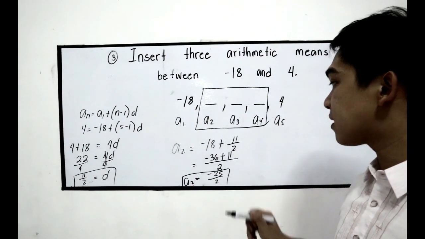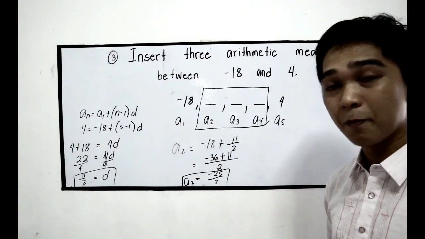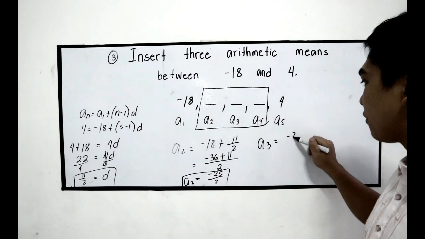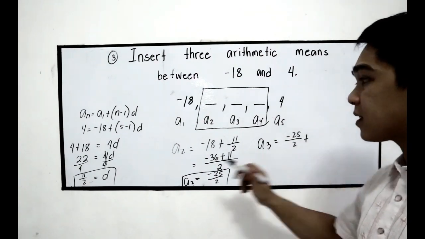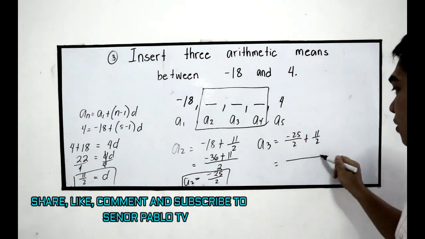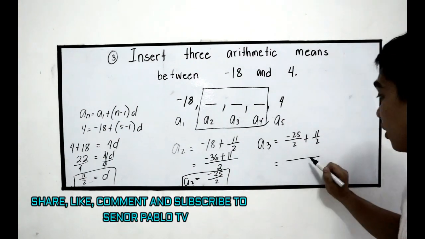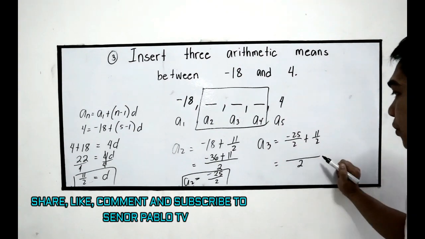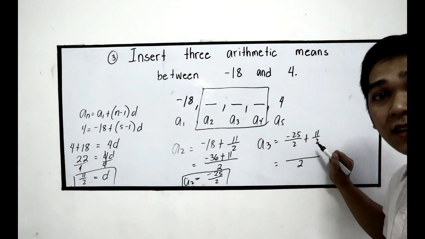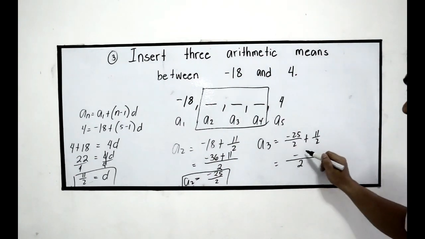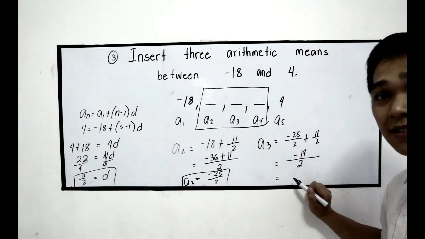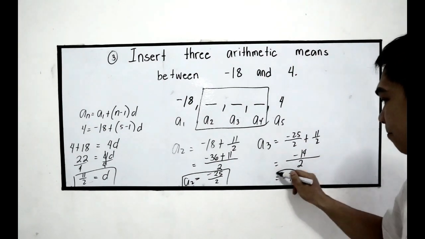So ang a2 natin is negative 25 over 2. a3 natin, negative 25 over 2 plus 11 over 2. So copy, they have the same denominator, so negative 25 plus 11, that is negative 14. Divisible? Yes, so that is negative 7.